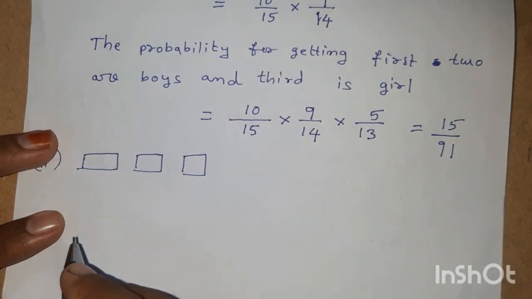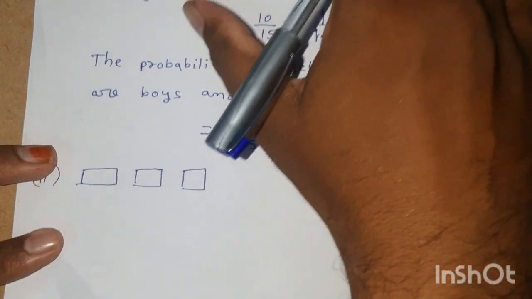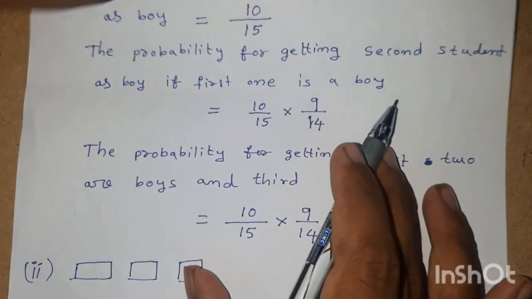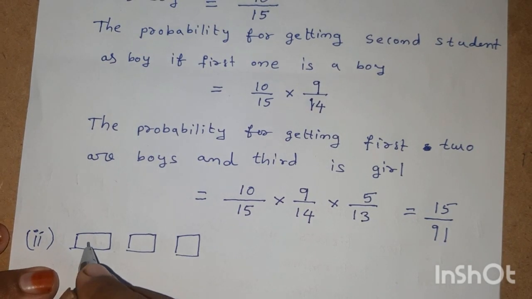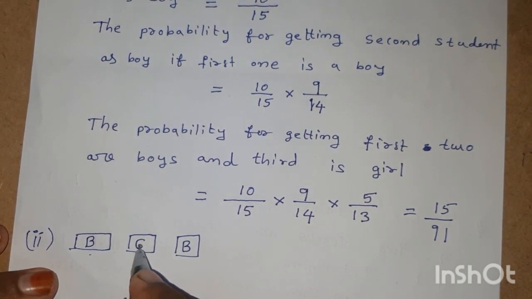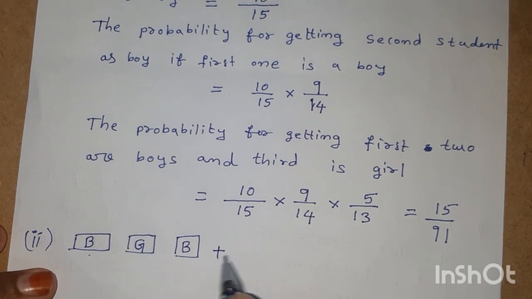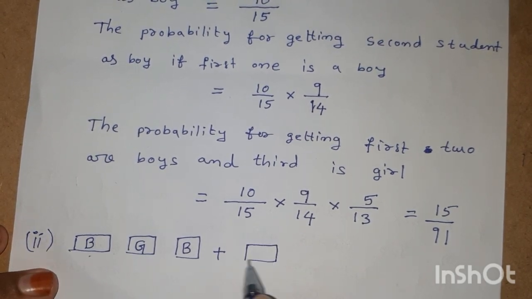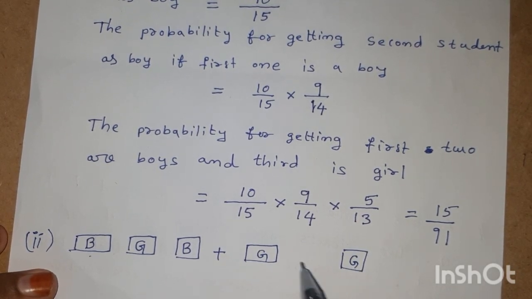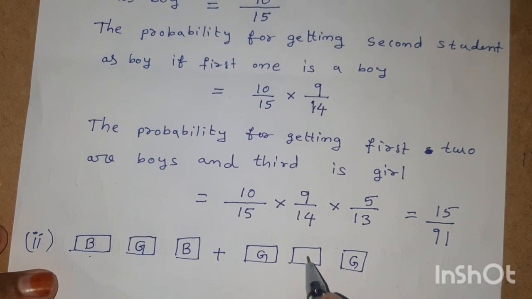Therefore there are 2 possible ways to get this kind of order: boy, opposite gender, same gender. This is not the only way, there is another way also, that is first and last are girls and the second one is boy. Therefore 2 possible ways are there.